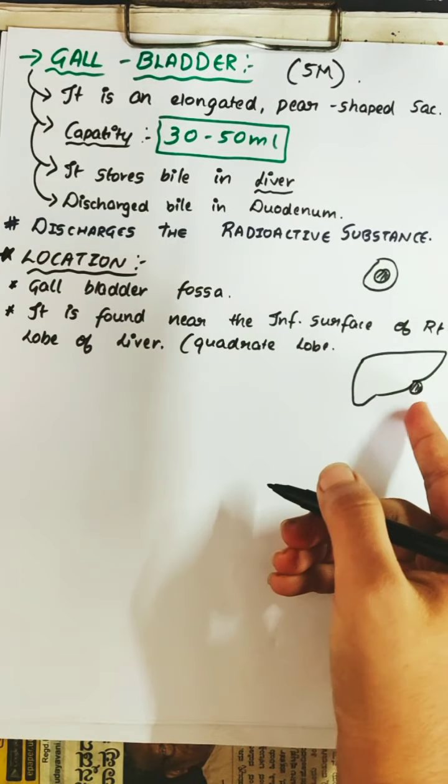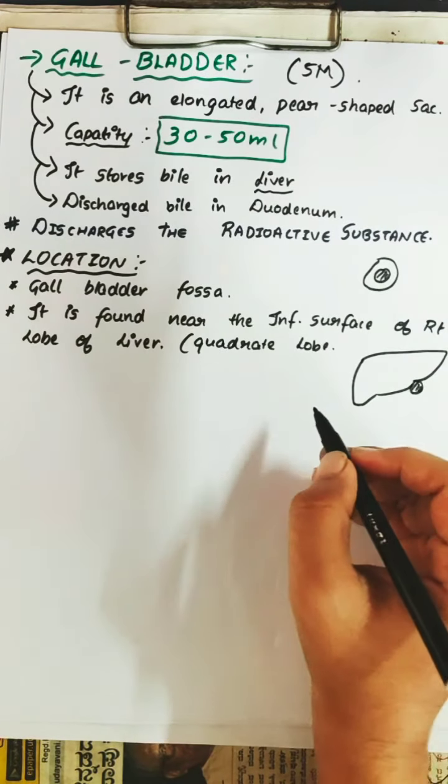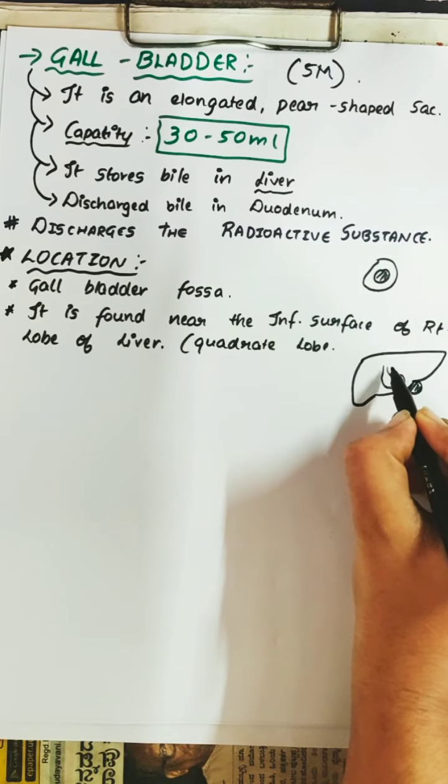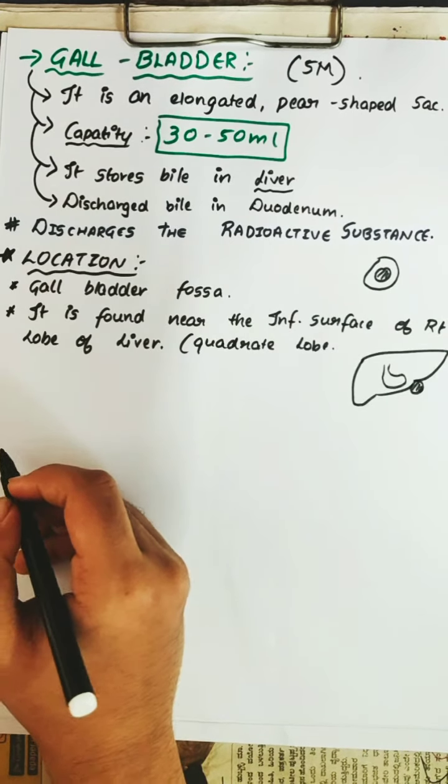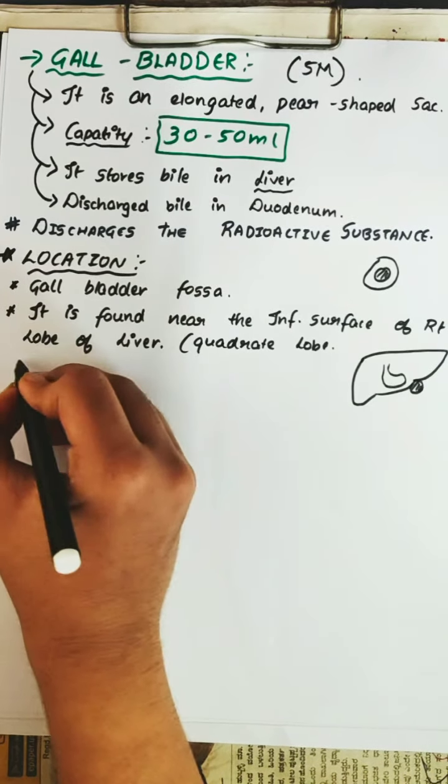So the gallbladder extends from the porta hepatis. Porta hepatis I had explained, it is a J-shaped structure, the main gate of the liver.